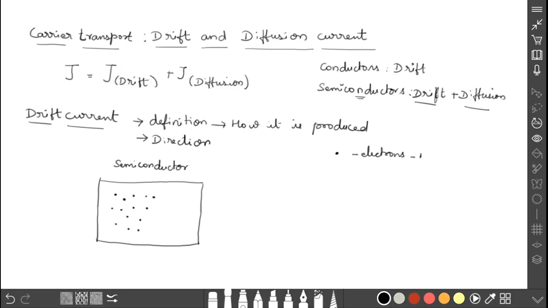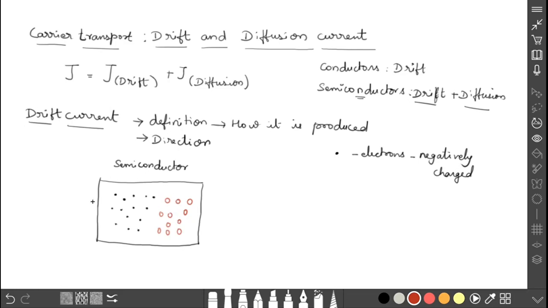Electrons are negatively charged particles. And then holes are also present here. These are the holes. So in a semiconductor both are possible, right?